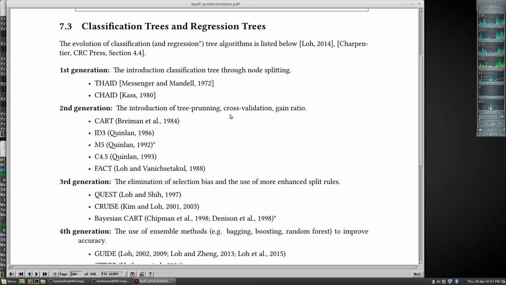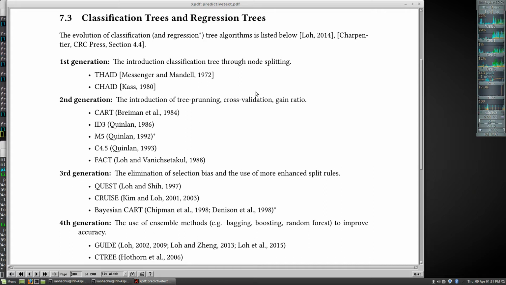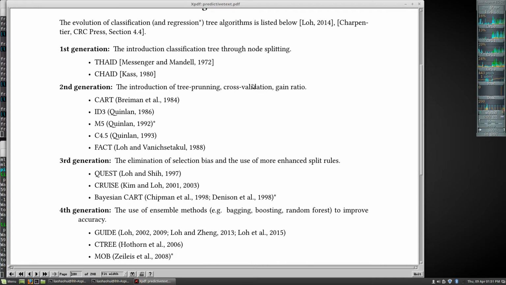The first part here tries to tell you that there are many different kinds of algorithms to generate classification or regression trees. Some classify them into various generations. I don't think the generation really matters.